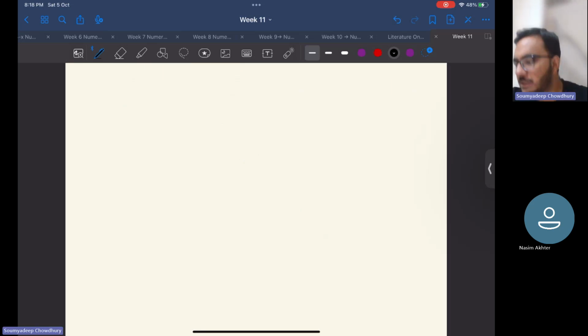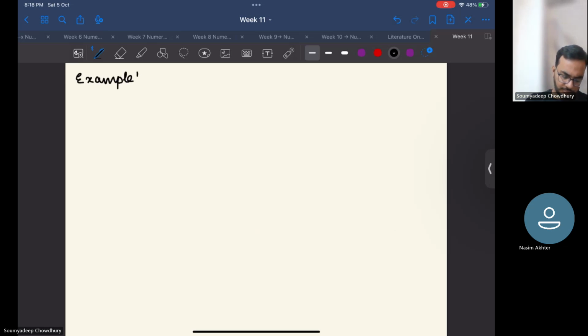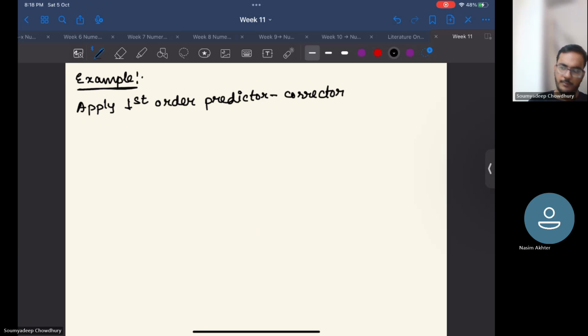So now we will see one problem and we'll try to understand. So the question is apply the first order predictor corrector method.